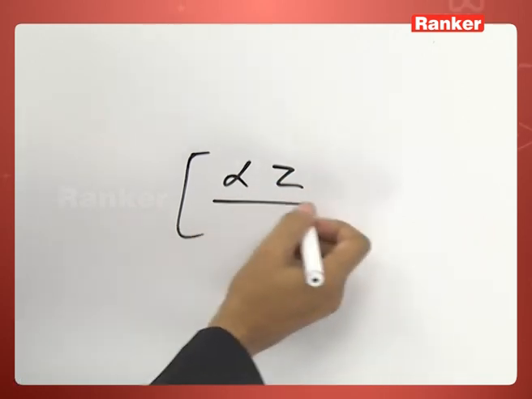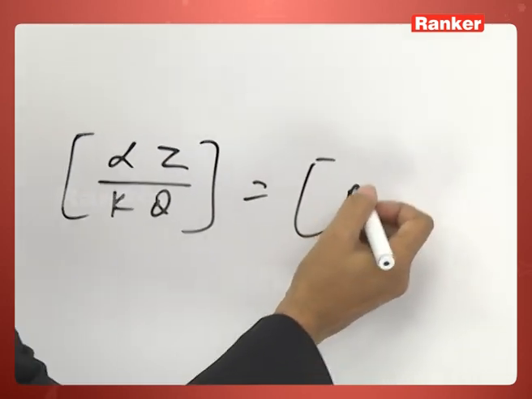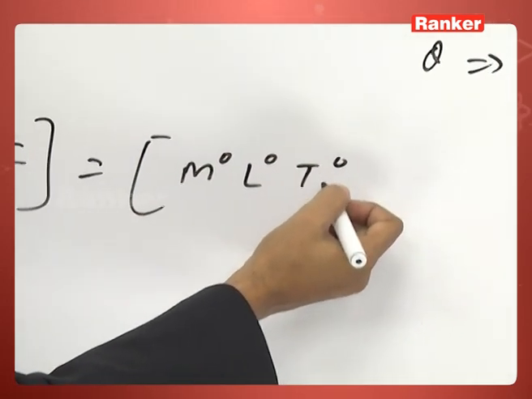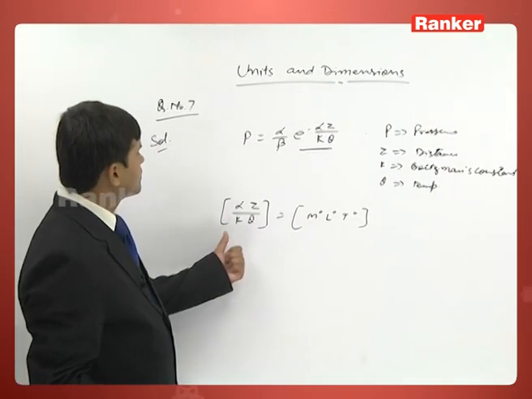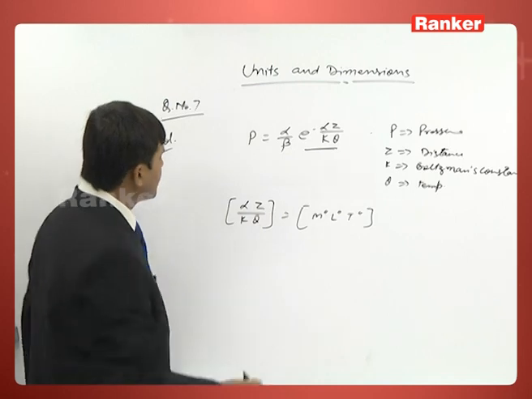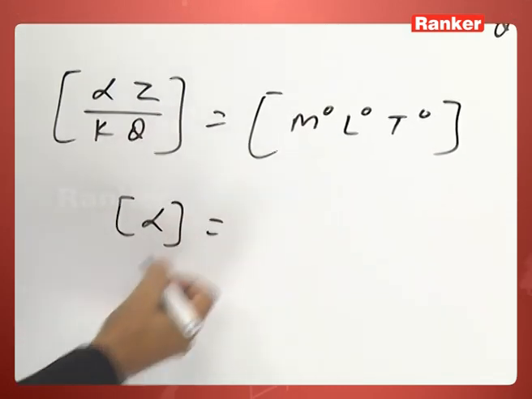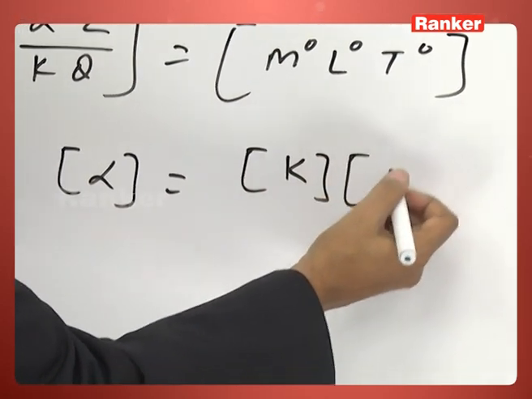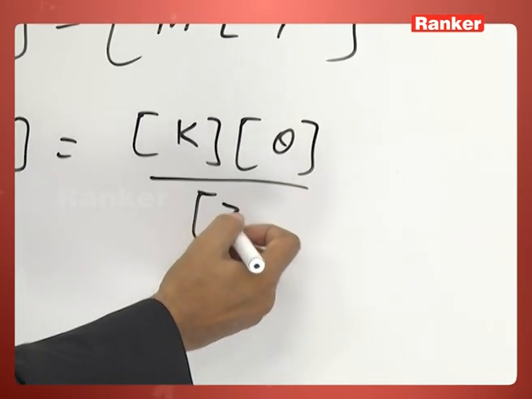So from that we can get the dimension of alpha. So the dimension of alpha is equal to the dimension of k, dimension of theta, and dimension of z.